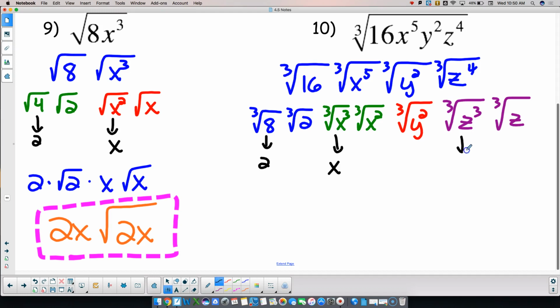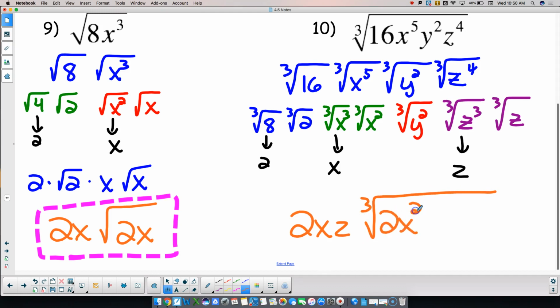This then becomes z. So here I would get 2xz times the cube root of 2x squared y squared z.